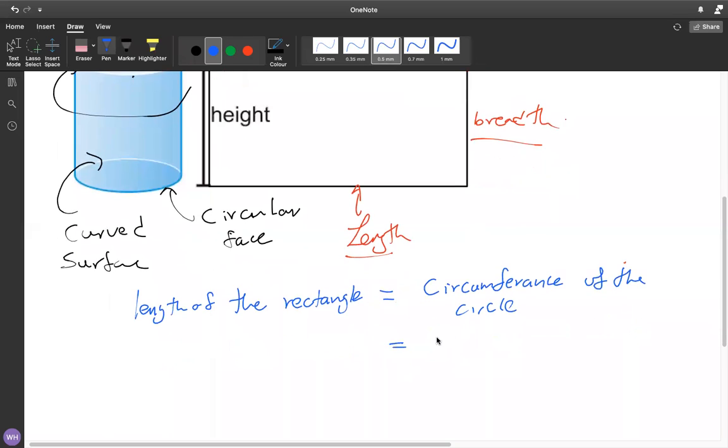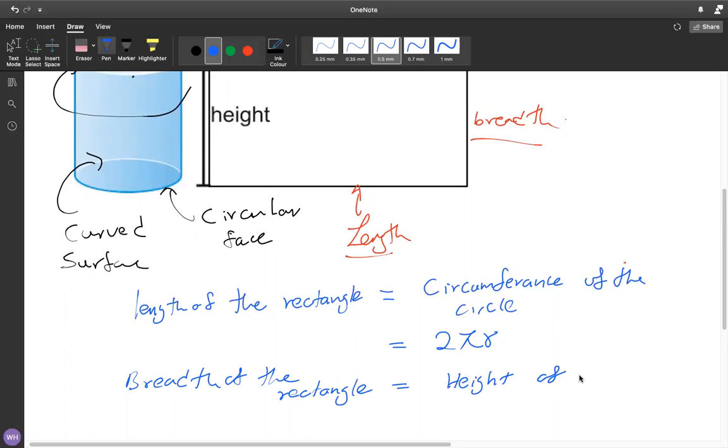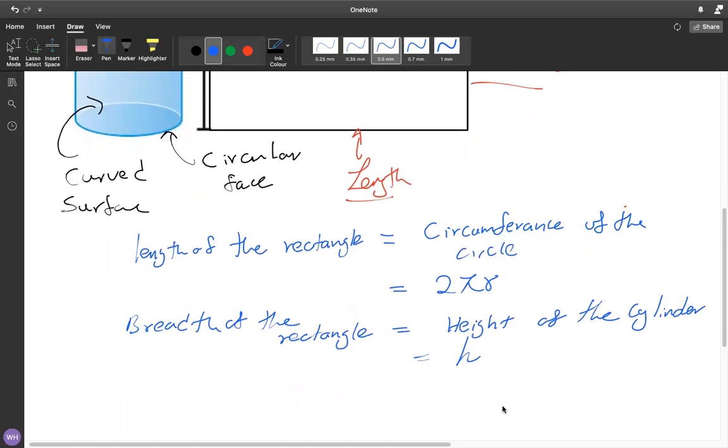Circumference is equal to 2 phi r, where r is the radius, okay? Then breadth of the rectangle will be equals to height of the cylinder, which is simply h. All right.